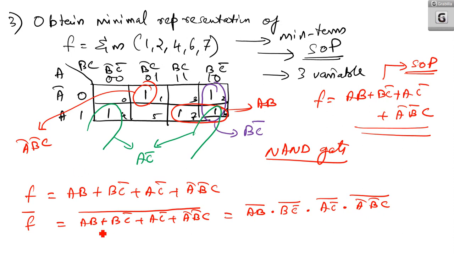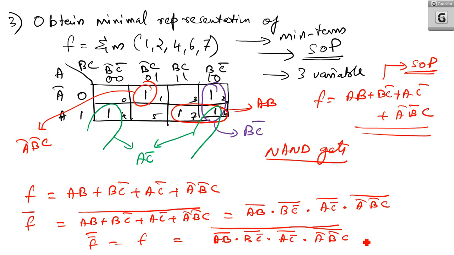According to De Morgan's law, you can write F bar bar, that is equal to F, that is equal to AB bar dot BC bar bar dot AC bar bar dot A bar, B bar, C bar, the whole bar. So this is basically in NAND form of representation. Now we can realize it.